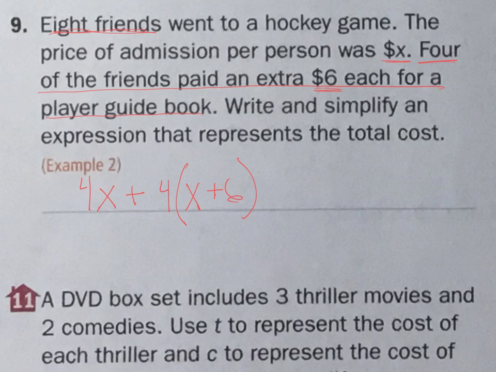And I'm going to put that in parentheses, because 1 admission and 1 player guide is X plus 6. So 4 people going to the game times the price of the game. Now I'm going to distribute this out. 4 times x is 4x, and 4 times 6 is 24.